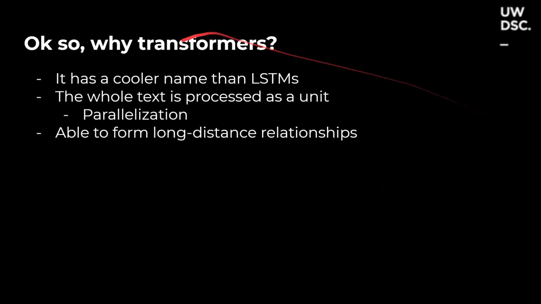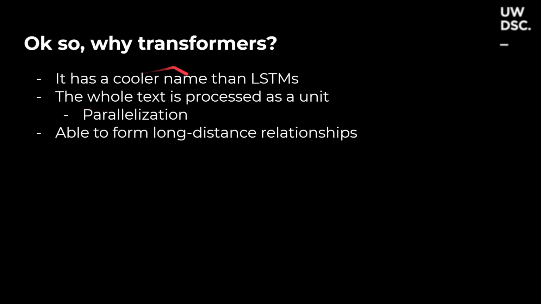Next slide. And so why do people like transformers better than LSTMs? Well, first of all, it's cooler. They just sound cool. They sound like robots. LSTMs sound like a short form of a very long word. That's not very cool.